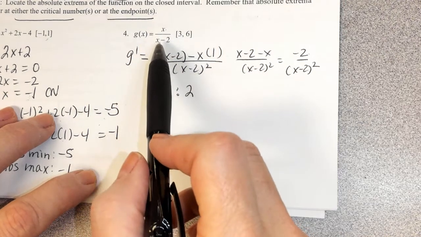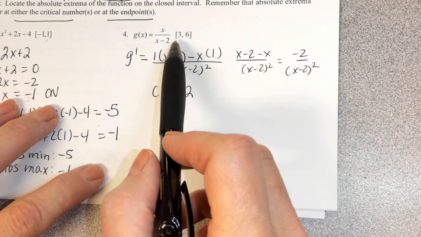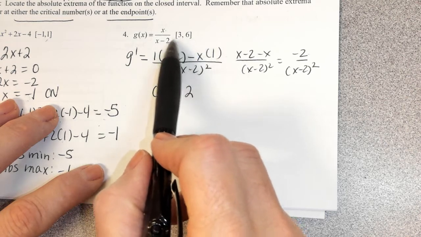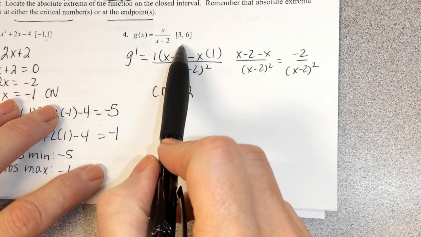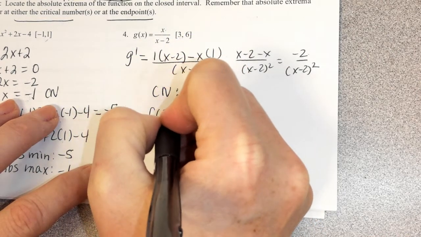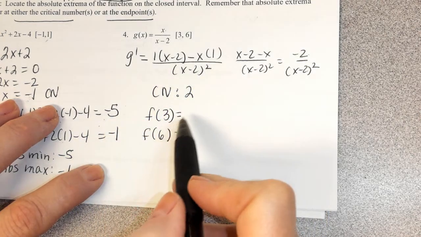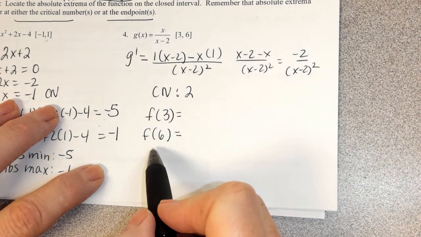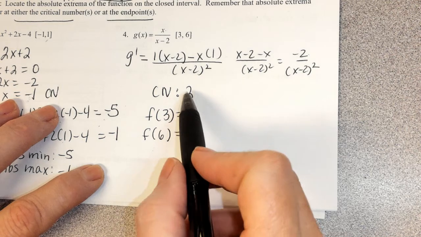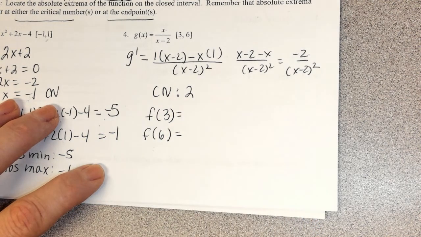Now, to find out where I have high points and low points, what do I have to always check for sure? The endpoints. Because those cutoff points could be maxes and mins. So I have to check f of 3, and I have to check f of 6. I'm also supposed to check the critical number. But why do I not have to check it in this case?